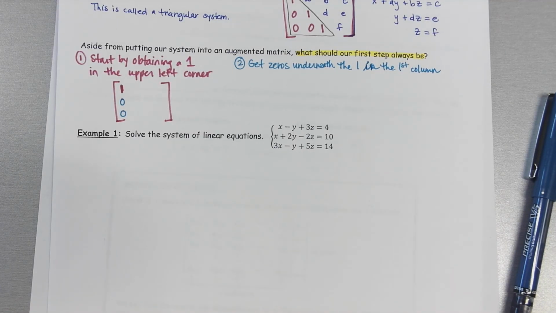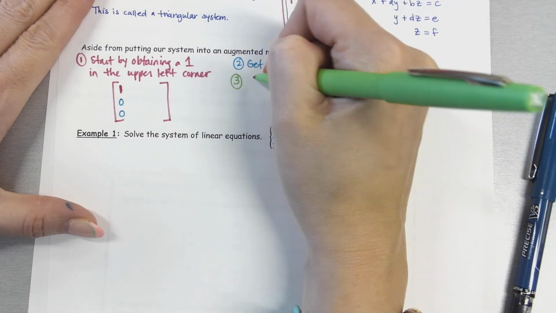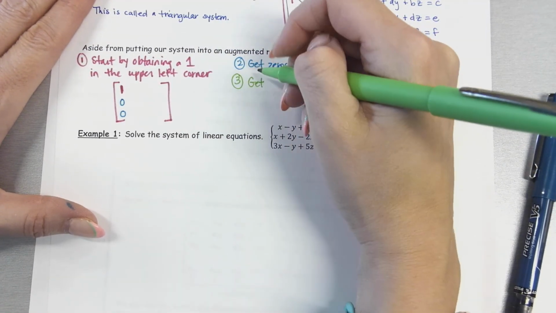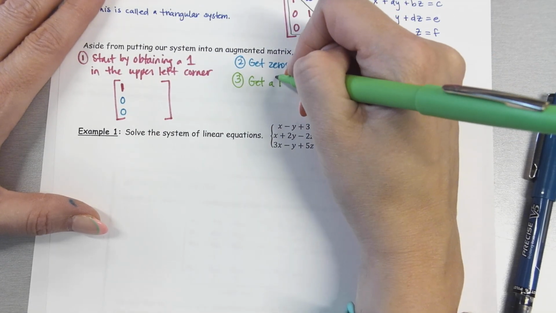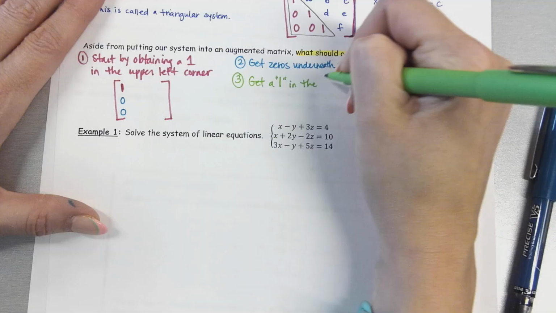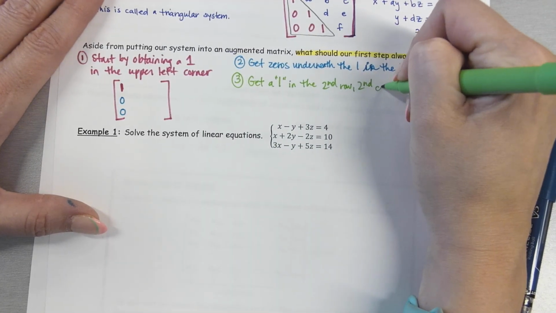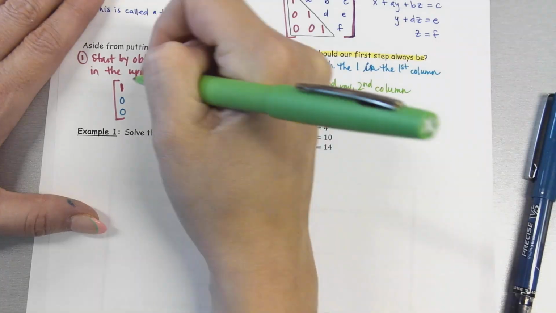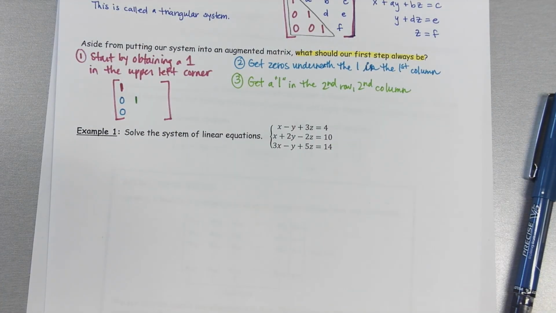Step 3: now you want to get a 1 in the second row, second column. You want to get a 1 in the second row and the second column.